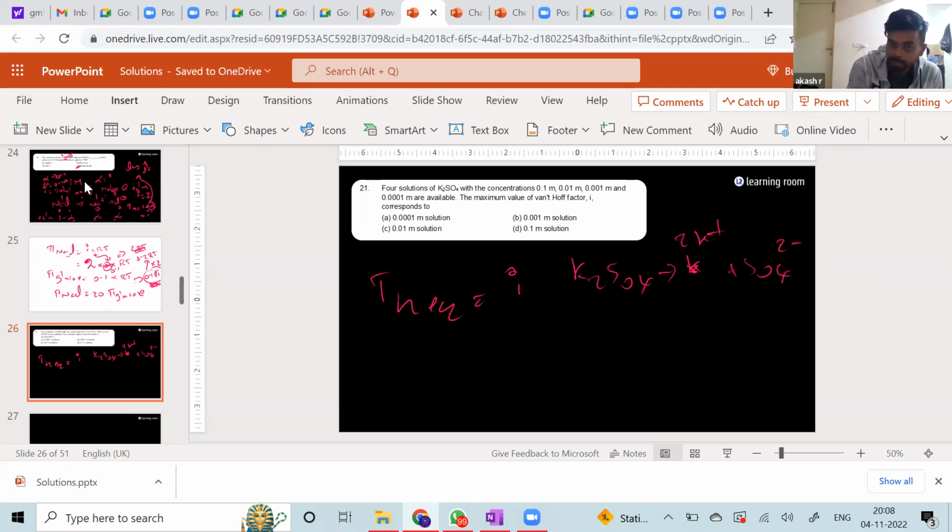For example, let me take 0.1 m. That means 0.1 moles of K2SO4 are there, and 0 and 0. Now assume that the entire K2SO4 is undergoing dissociation. We don't know, I will assume that alpha is 1.